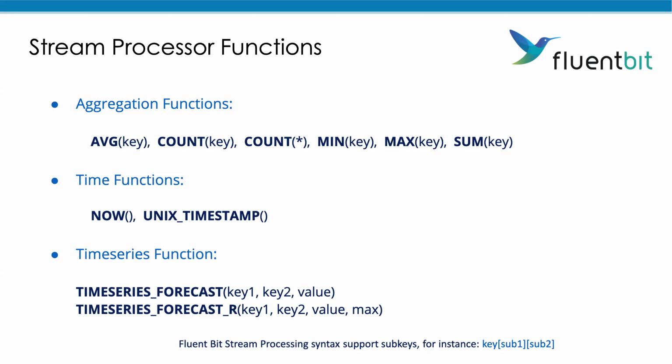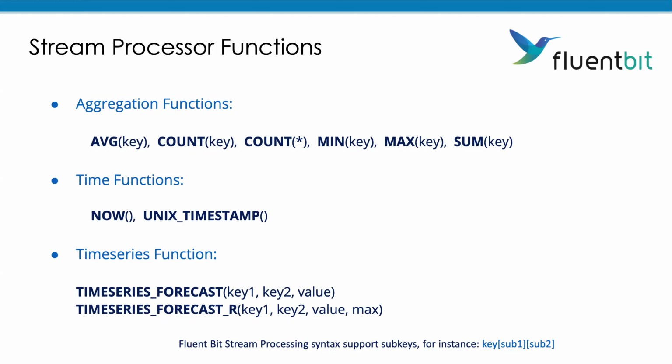Like, if some of you are familiar with time series functions like forecasting, which is a simple linear regression, you can apply forecasting to your stream, and you can say, okay, we are getting memory from the input memory plugin, and give me the forecast of memory usage in the next 100 seconds.